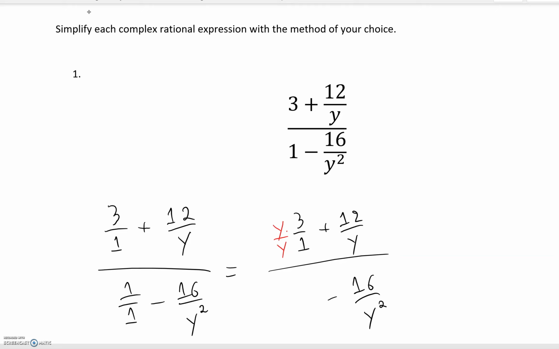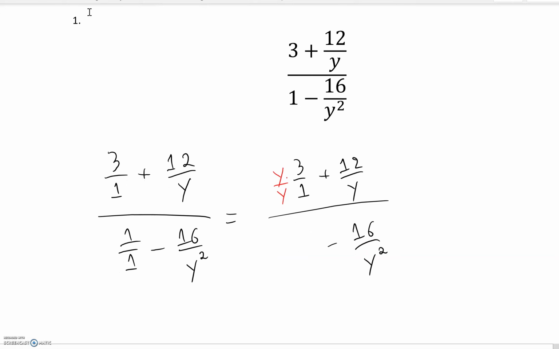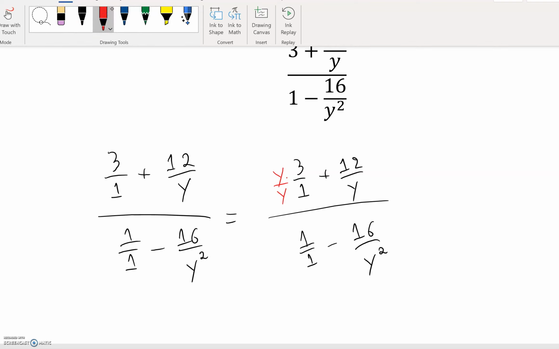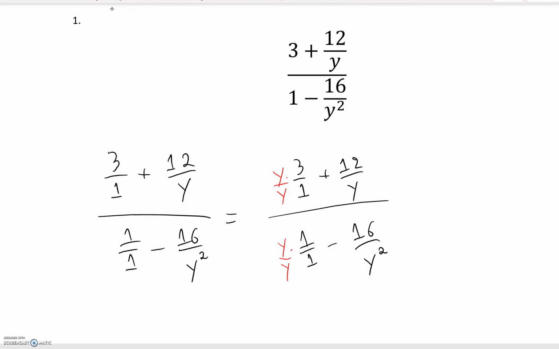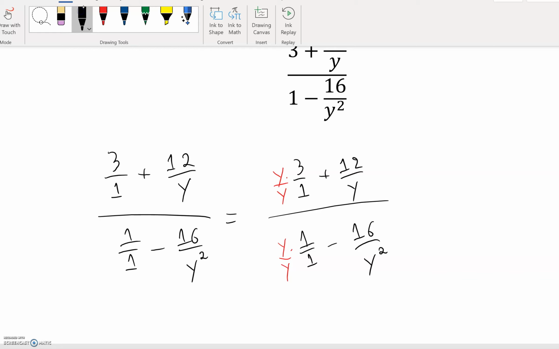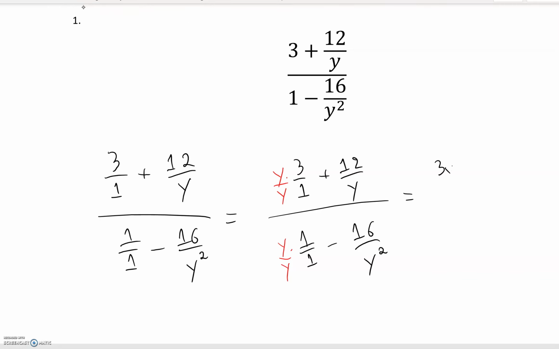Remember, I am using the first method to simplify this complex rational expression. So I have 3y, let's see here, 3y plus 12 over y divided by y minus 16 divided by y squared.